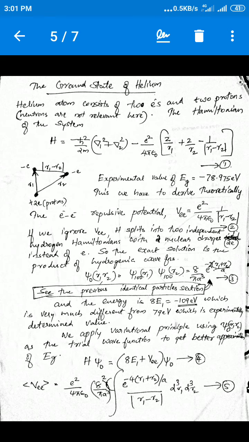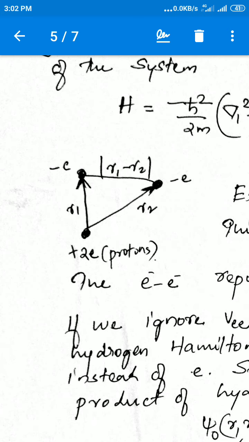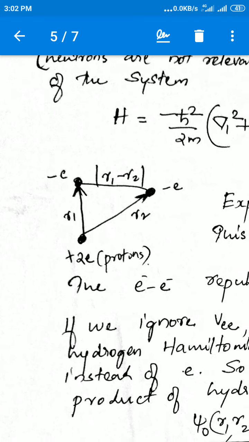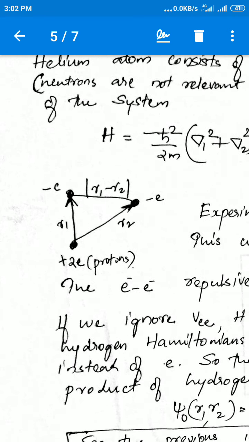The 2 electrons are moving around the nucleus. We don't know what r1 and r2 are, let it be like that, and the distance between the 2 electrons will be modulus of r1 minus r2, isn't it? You should draw this diagram, and then let us see what the Hamiltonian will be.